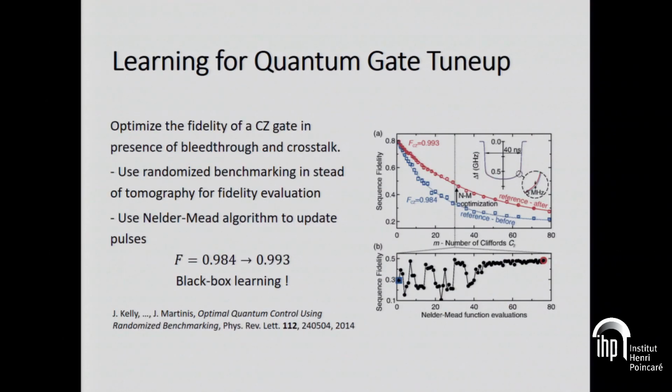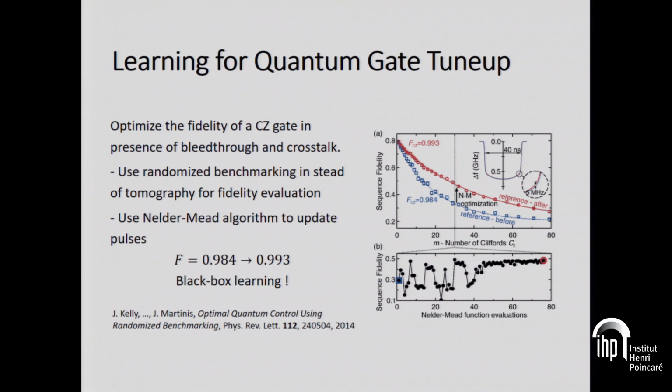So for this purpose, in the literature there are some iterative learning control experiments or algorithms along this way. So for example, in 2014, Martinis' group had a closed loop learning control experiment for quantum gate tune-up. The idea is that they firstly optimize the control using standard GRAPE. Okay. So say the fidelity is 0.984, not high enough.